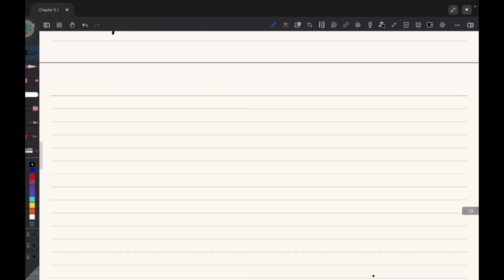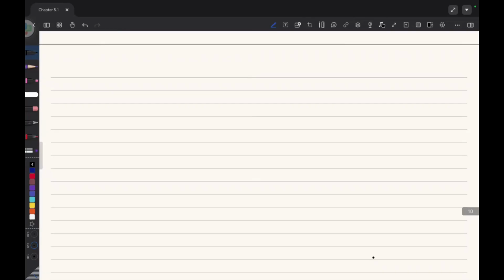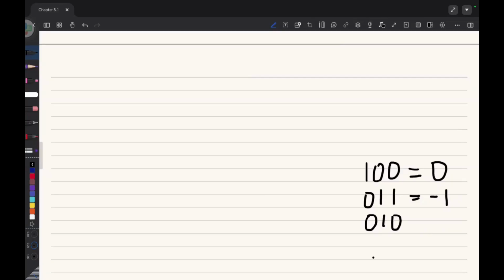Alright, now according to the 3-bit table, we have 1, 0, 0, which is a 0. This is our starting point. And then going down, we have 0, 1, 1, which is a -1. Then we have 0, 1, 0, which is a -2. Then we have 0, 0, 1, which is a -3.